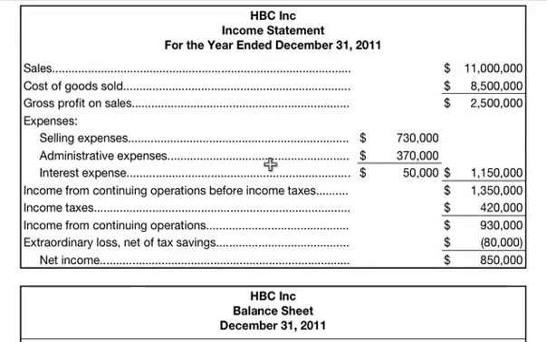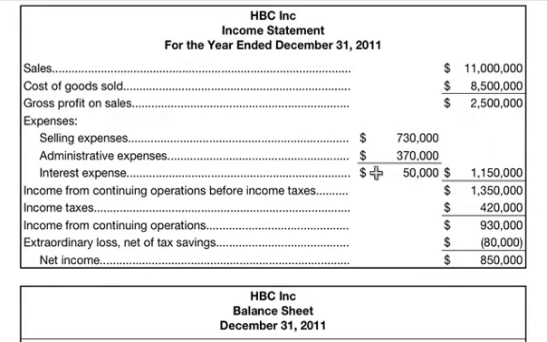Then we need to know net income. After income taxes, we have income from continuing operations of 930,000. Then we had an extraordinary loss of 80,000. And then we had net income of 850,000.